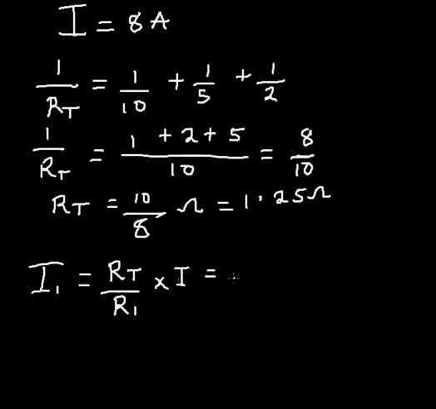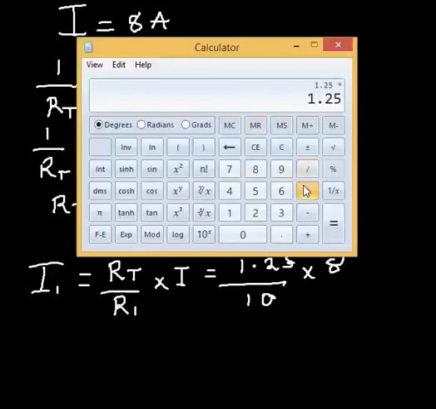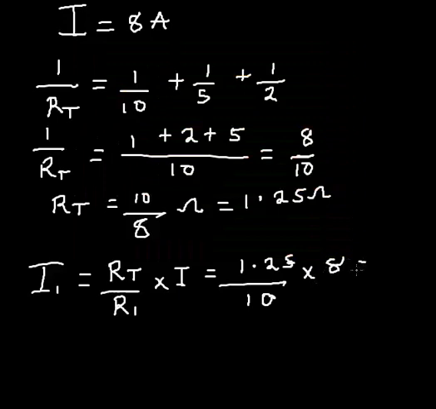So of course, total resistance is 1.25 divided by R1, which is 10, times the current of the circuit, that's 8. Let's do that. Times 8, then divided by 10, that's 1 ampere.